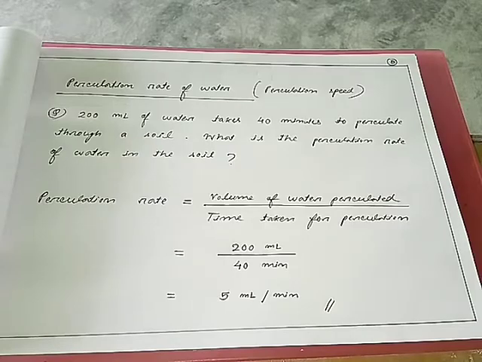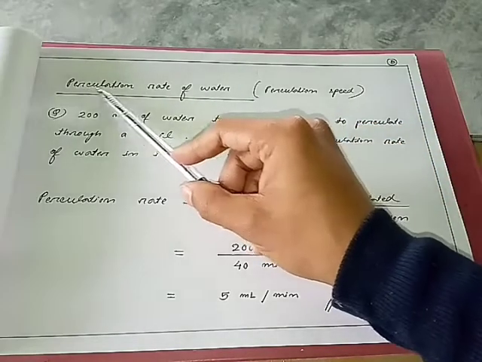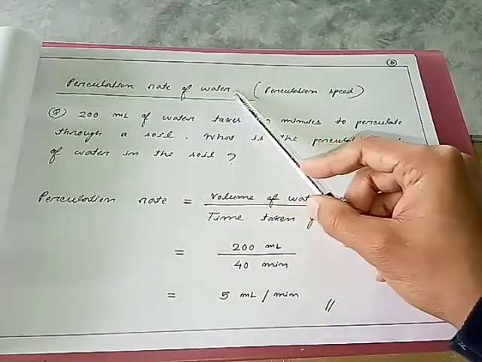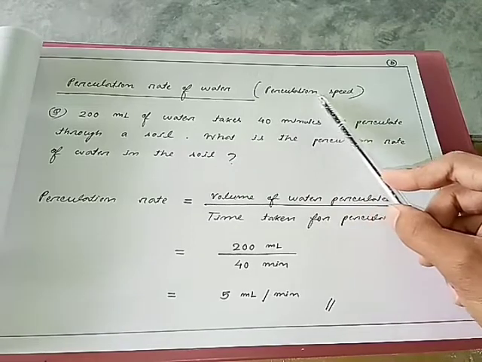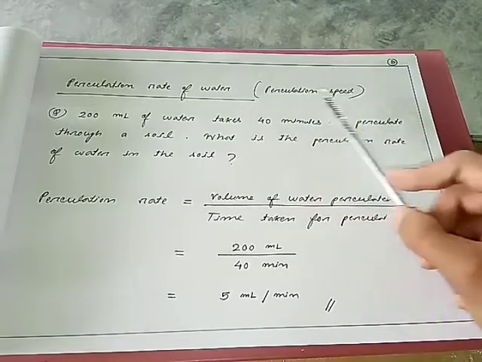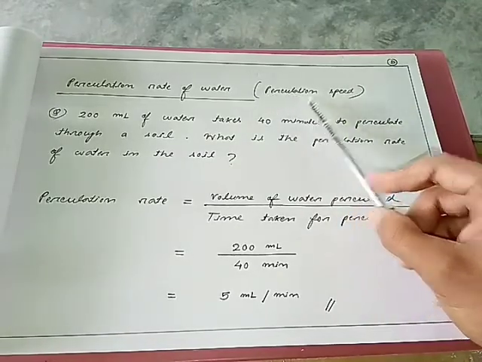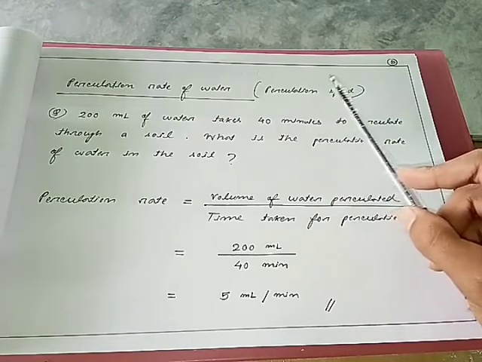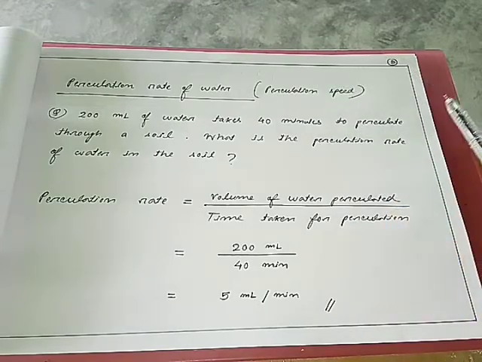Okay, now we have to find out percolation rate of water. Percolation rate means the percolation speed. By how much speed the water can pass down through soil, that we have to find out.